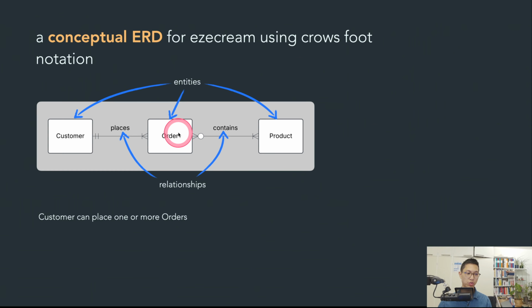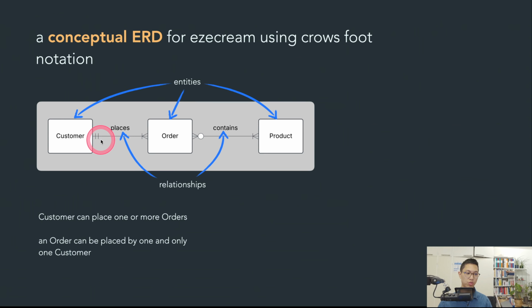And when you want to read it backwards, you have an order can be placed by one and exactly one customer. So an order can be placed by one and only one customer. So these two bars here mean one and only one.